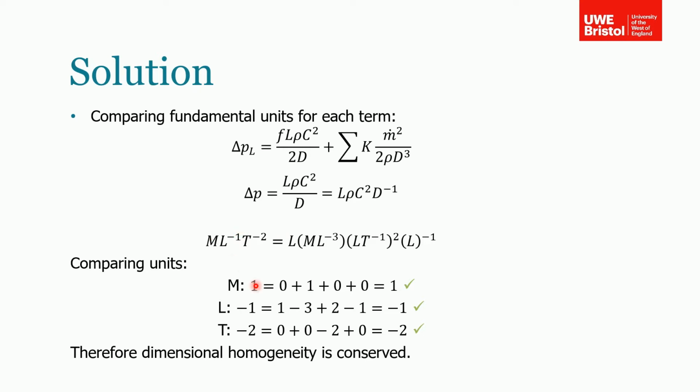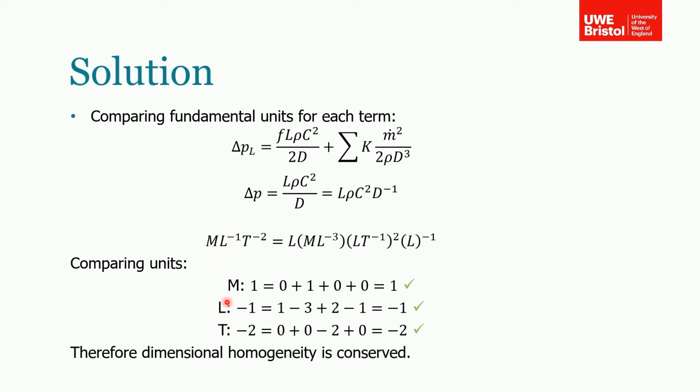On the left hand side, for mass, we have 1 mass unit. On the right hand side, there's no mass in that term, we have 1 in that term, and there's no mass in the other terms. So 1 is equal to 1. We have mass on the left hand side and mass on the right hand side, so that's fine.